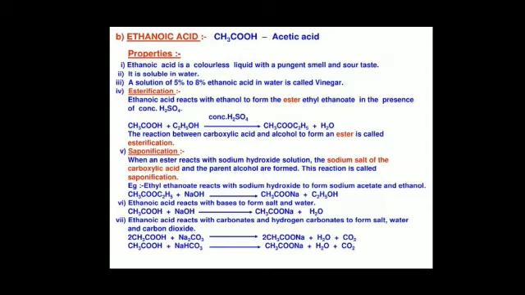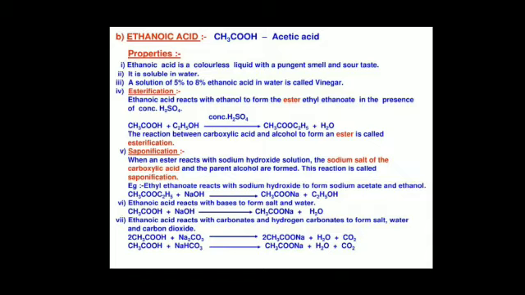The group of organic compounds called carboxylic acids are characterized by their acidic nature. However, unlike mineral acids like HCl, which are completely ionized, carboxylic acids are considered as weak acids. They do not dissociate completely into ions in the presence of water. So if we talk about reactions of ethanoic acid, then first one is esterification reaction.